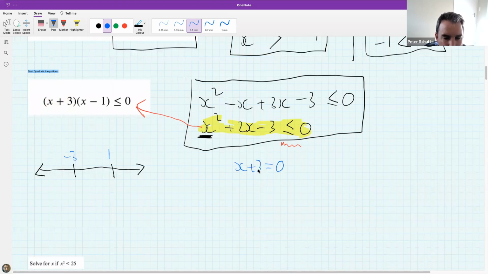Can't we change the inequality to an equal sign? Yes. And then we can say x is equal to -3 or x is equal to 1. And then we change the equal signs back to the inequality sign.